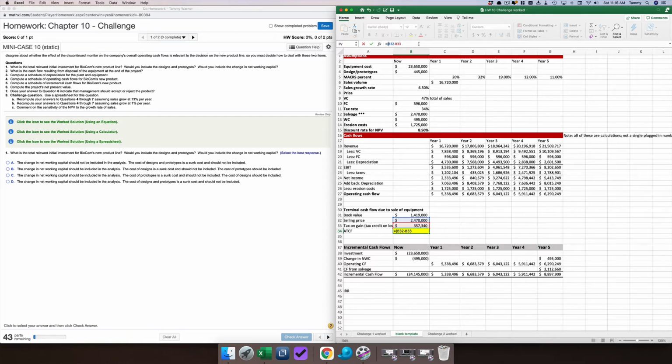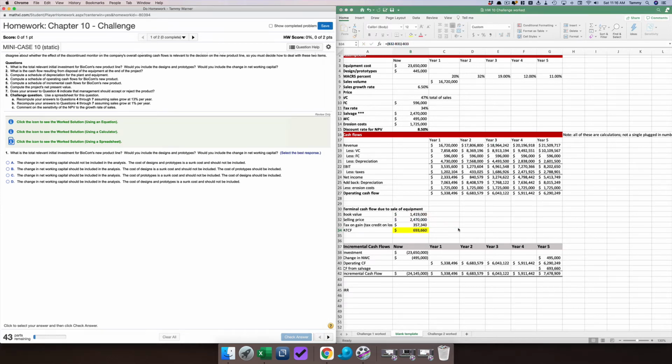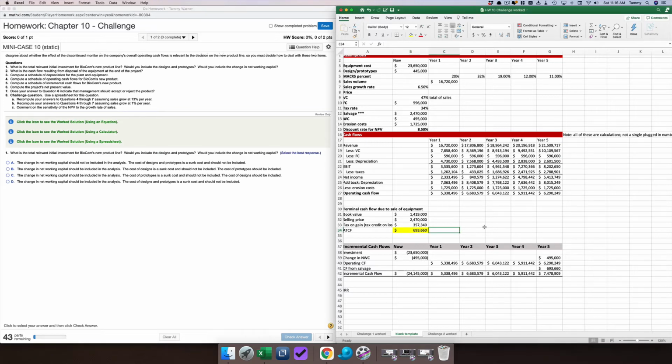So it is the gain, which is the selling price minus the book value, minus the taxes. Remember, this number is wrong, but it'll allow you to go through the process with Pearson and check my work if you wanted to do that.